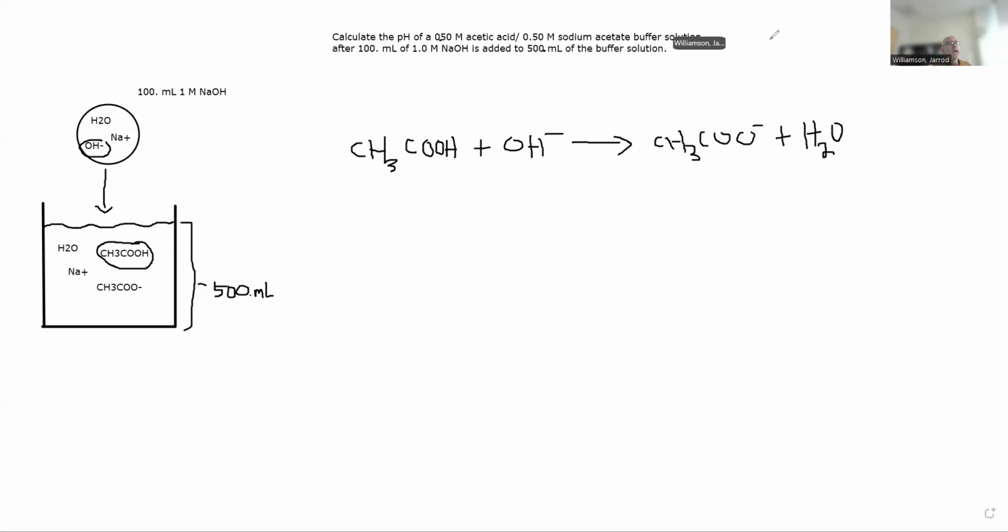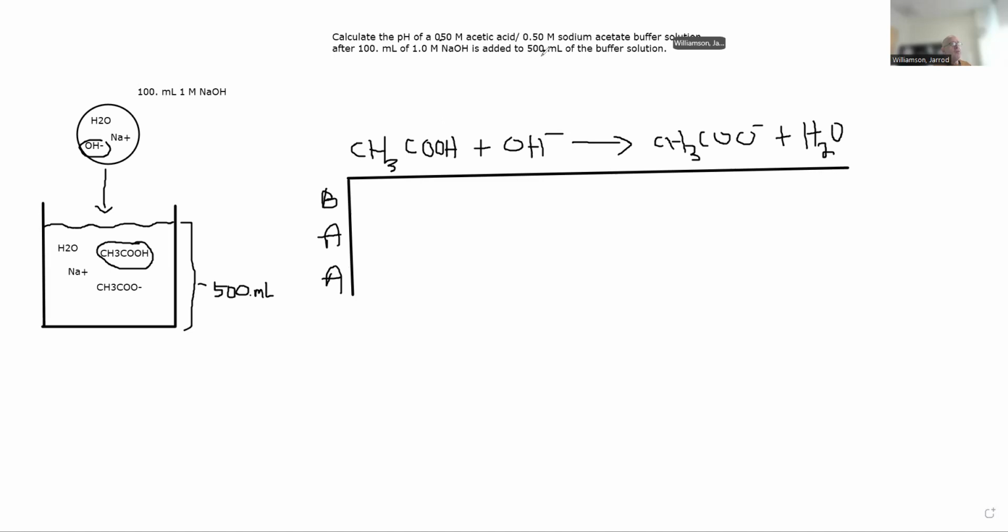Okay, now I have to make a BAA chart: before, add, and then after or end. This is always in moles. How many moles of acetic acid do I have in here before I dropped in anything?